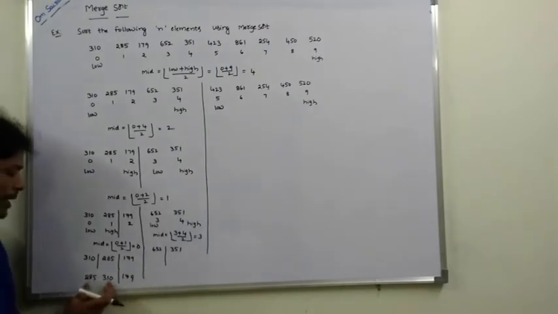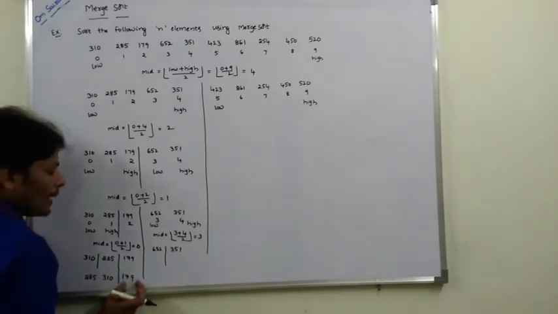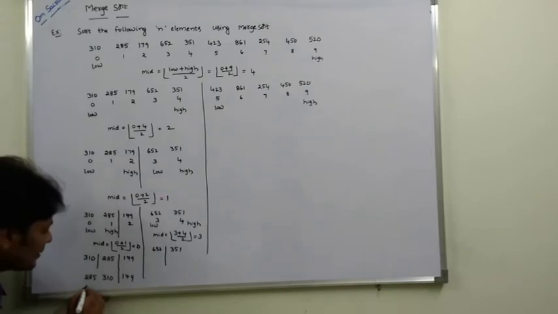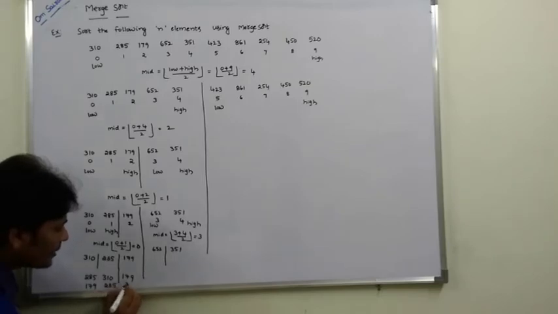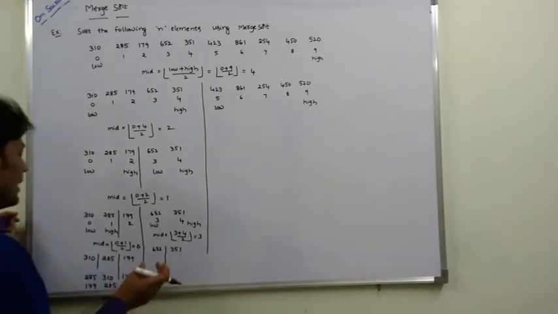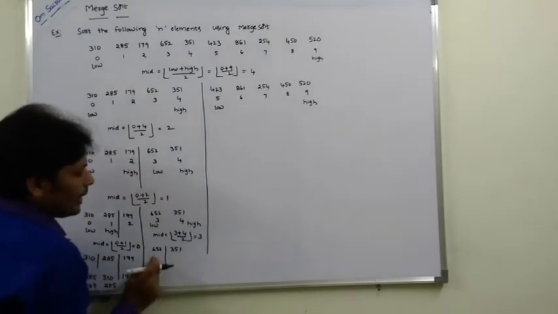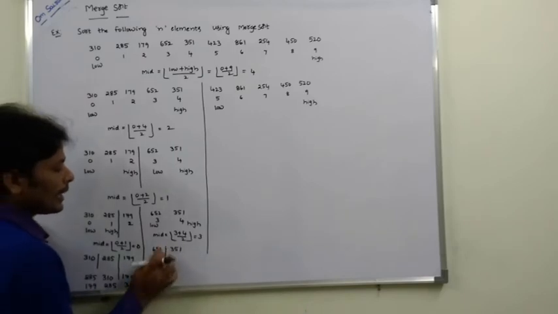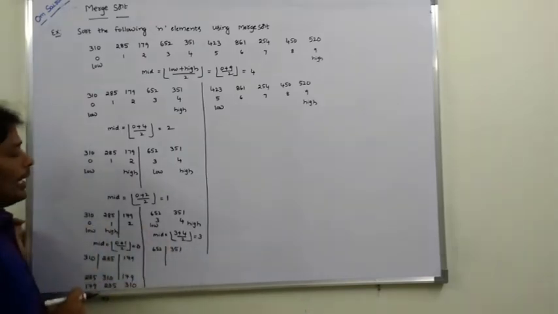Again, this sublist is combined with second sublist. Now it contains 179, 285 and 310. So this is the sorted order of the first sublist. So again, the first sublist contains a single element, the second sublist contains a single element.